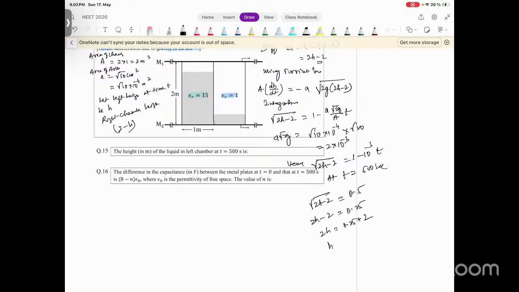So h value will be equal to 1.125 meters. That means approximately I can write this as 1.13 meters. That's numerical. Clear, beta?